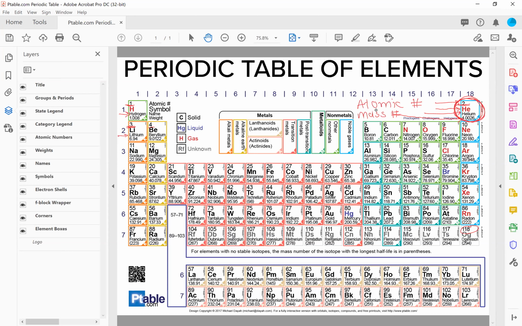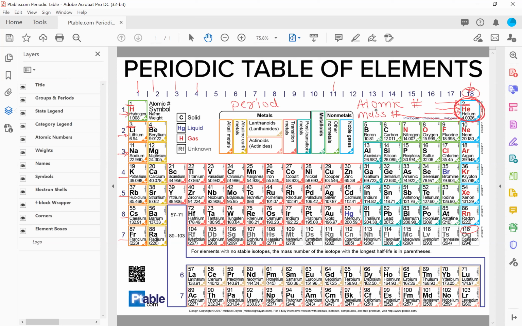Every row that you see here, 1, 2, 3, 4, 5, 6, and 7, in the chemistry language we refer to as a period. Remember that every time you see the word period, that is what it means: horizontal rows. If you look at the vertical columns, like 1, 2, 3, 4, and 11 up to 18, that's what we generally refer to as a column.